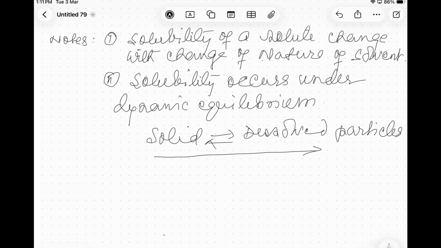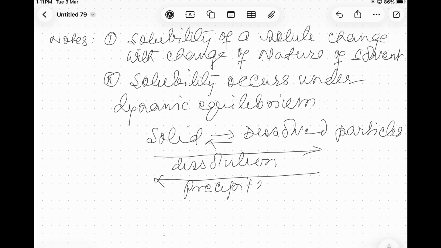This is dissolution, and it is precipitation. And the two rates are equal. The rate of forward reaction is equal to the rate of backward reaction.